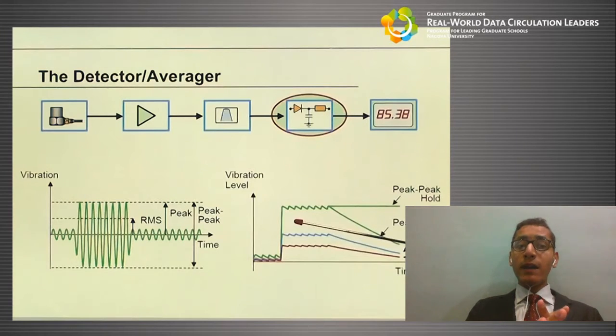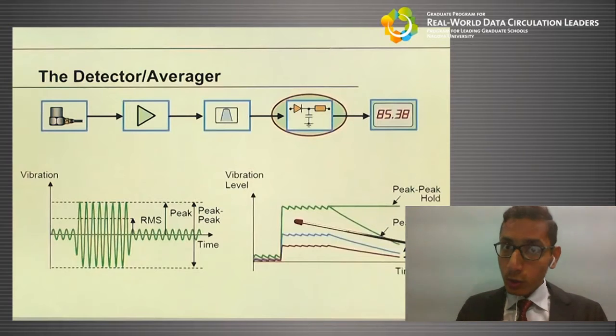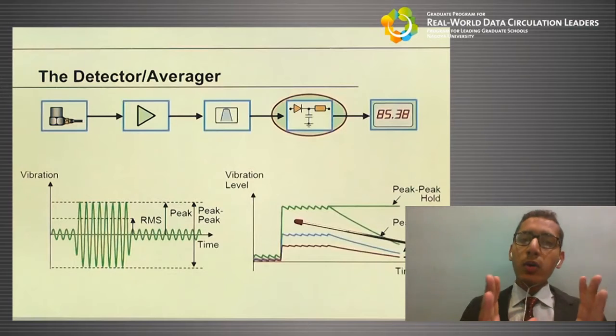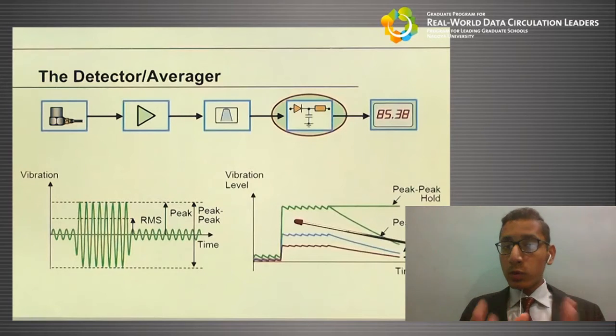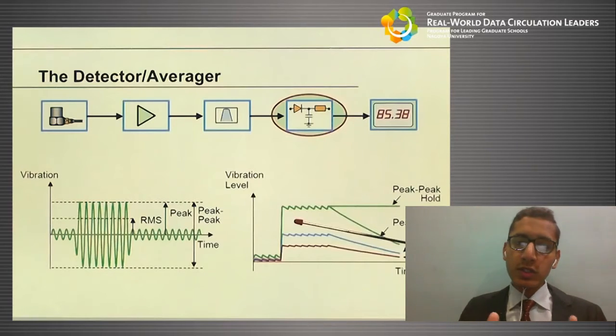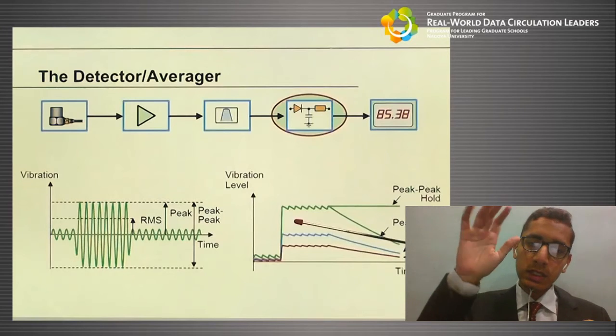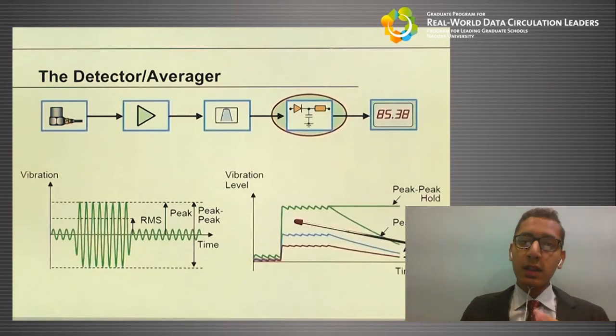Then, as I told you earlier, we have this important component in our chain, the detector or averager. The vibration level that we obtain by using sensors is the one shown in the left diagram. First, it has a low amplitude, and then its amplitude increases suddenly, and then it becomes low again like the previous one.